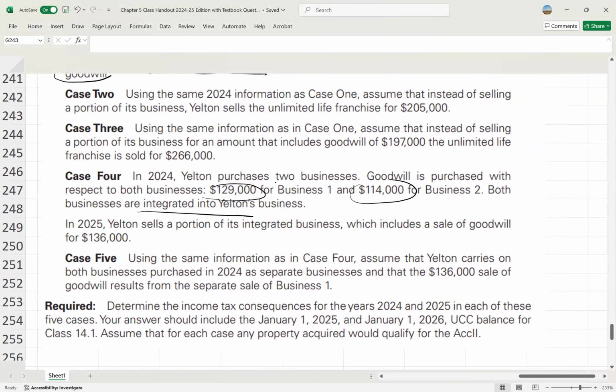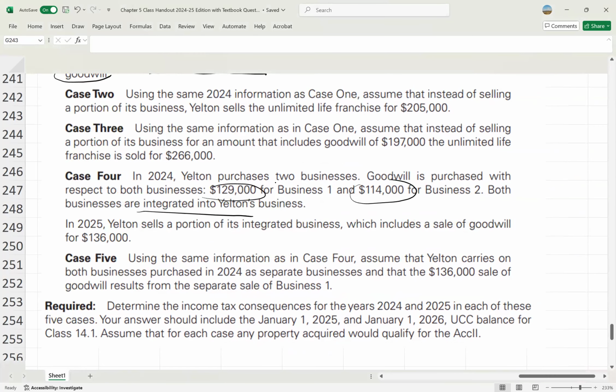So let's see what happens in 2024 first for case 4. Once again, 0 balance to start off with. Goodwill of 129,000, goodwill of 114,000. So the net additions are going to be 243,000. Once again, can get rid of that CCA base there.